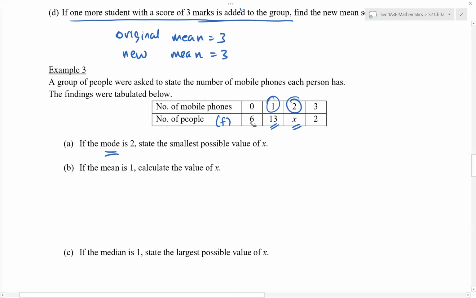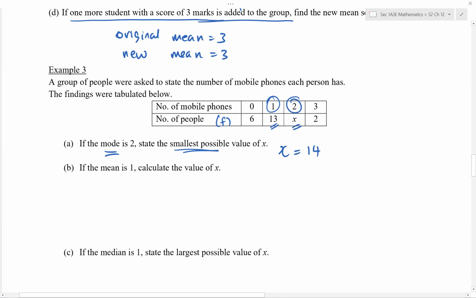So we compare that with 1 mobile phone, which appeared 13 times. X has to be more than 13 in order for 2 mobile phones to be the mode. So X must be more than 13. So it could be 14, 15, 16, 17, and so on. But the question says, find the smallest possible value of X. So based on this, X is simply 14.